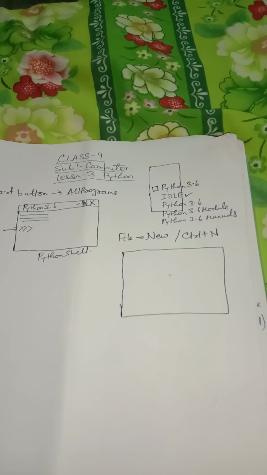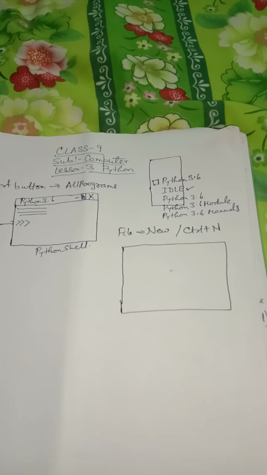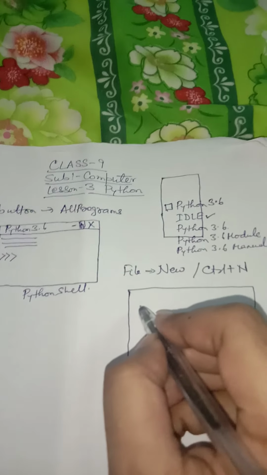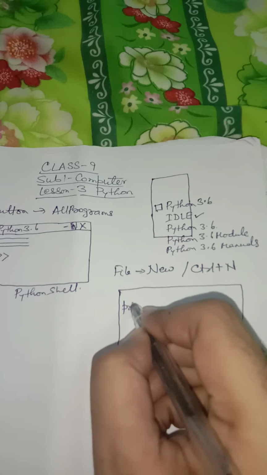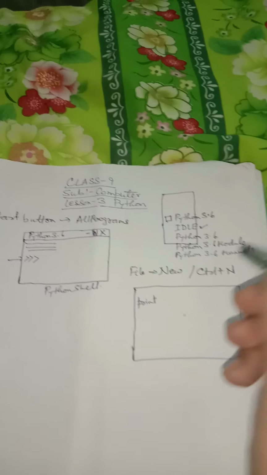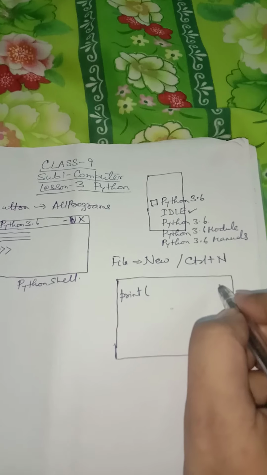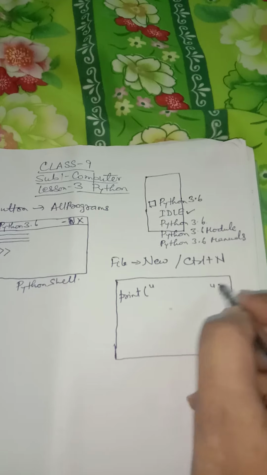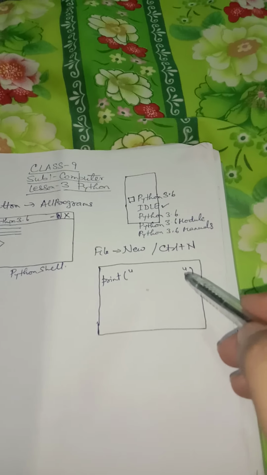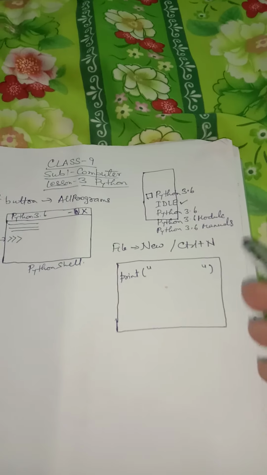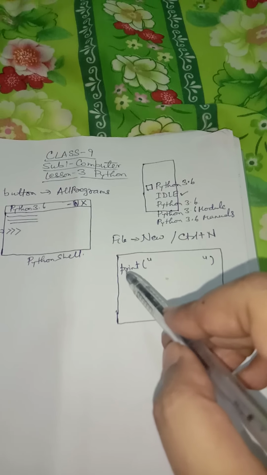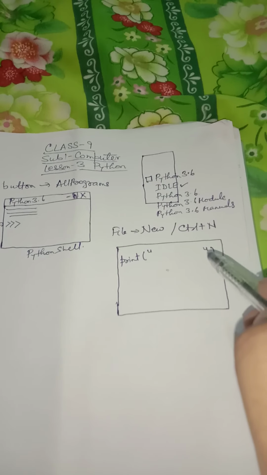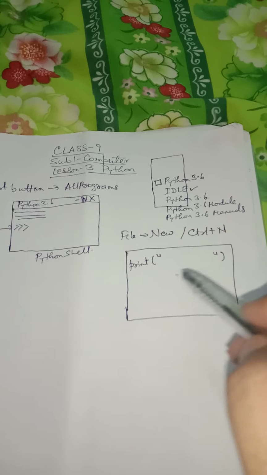In the print command we use brackets, and whatever we write inside the brackets will appear on the screen. The message is written within double quotes, and it will be printed on the screen.